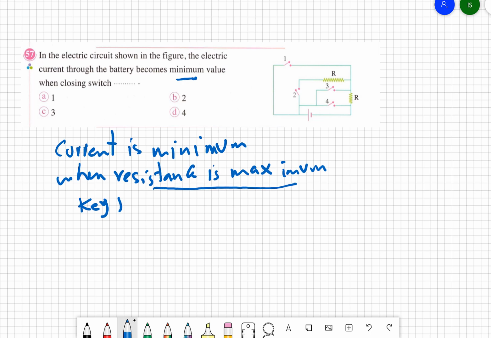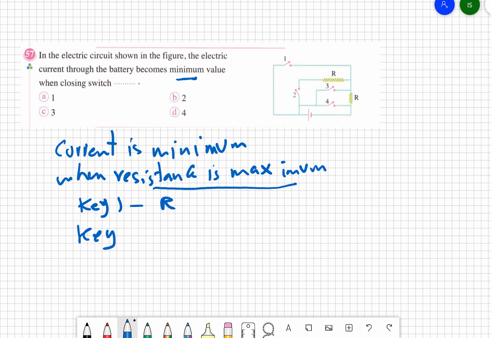When you close key number 1, what will happen? The current will move here. It can't move through 2 because it is broken. So it moves in this direction, and the resistance is only R because the other switches are open. So resistance R. Let's close key 2.